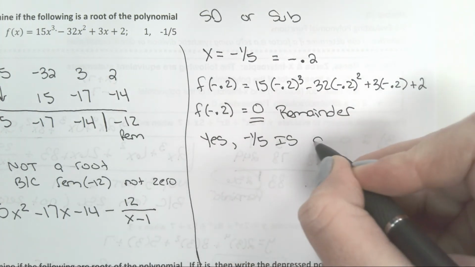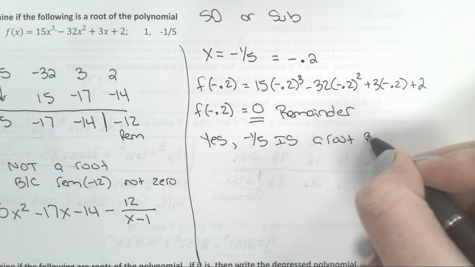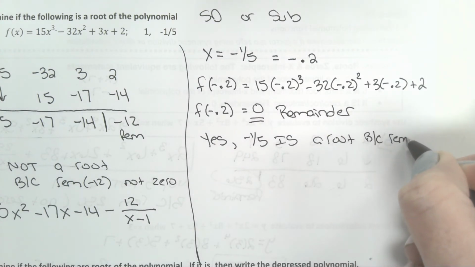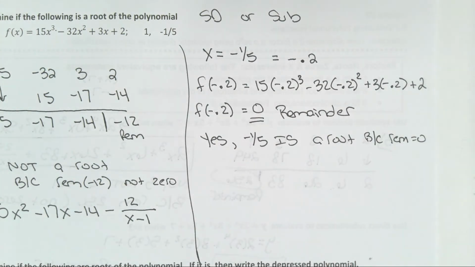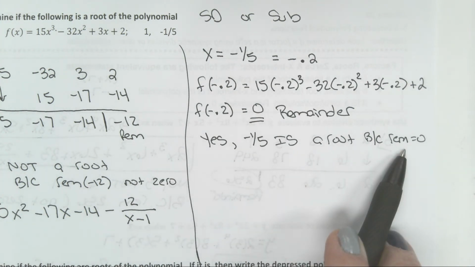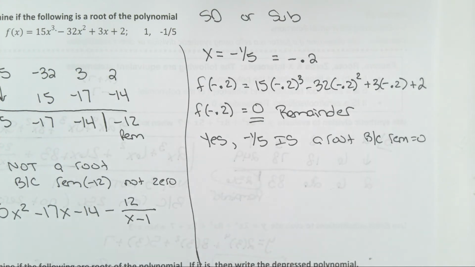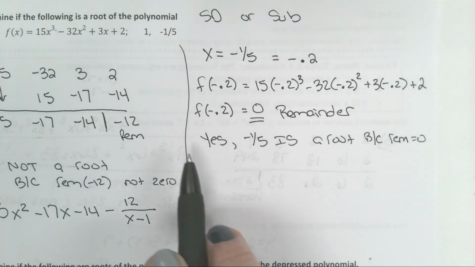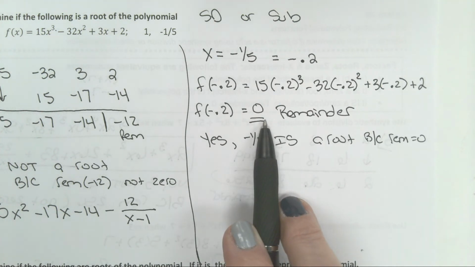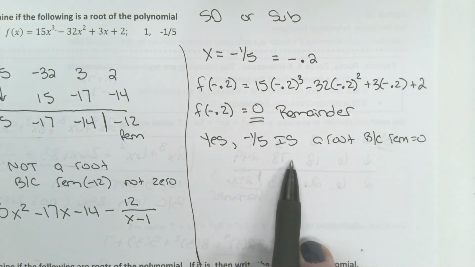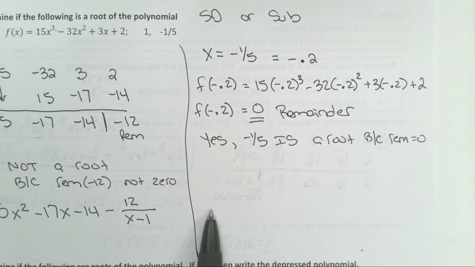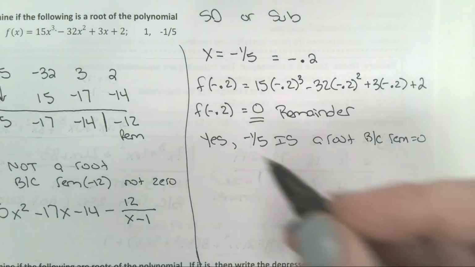Negative 1/5 is a root because my remainder equals 0. As long as you just want to know if it's a root, this substitution method works great. But most of the time, you use this as a quick method so that you can finish factoring or solving the rest of the polynomial.